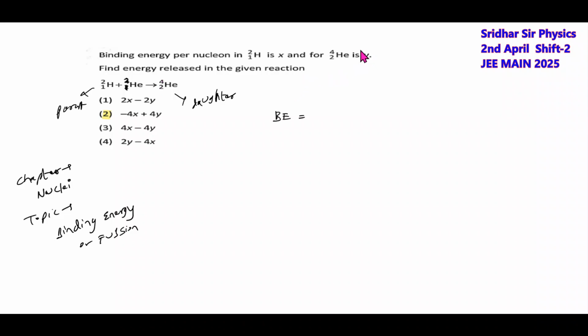What is the binding energy per nucleon of the daughter? It is y. How many nucleons are there? 4. So 4 nucleons into binding energy per nucleon will be the binding energy of the daughter.